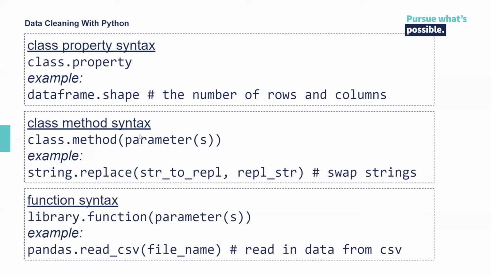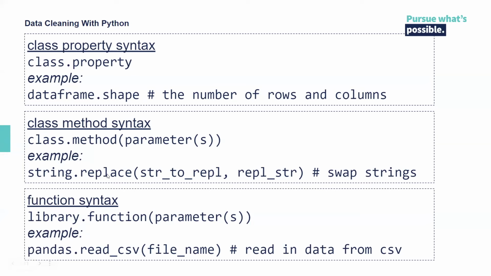Each class has different methods associated with it. If we want to access a method associated with the class, the syntax is the name of the class dot the name of the method. And then within parentheses, you will have 0 or more values that are parameters. That's information that gets passed into the method for whatever it is the method happens to do. For example, the string class has a method associated with it called replace.